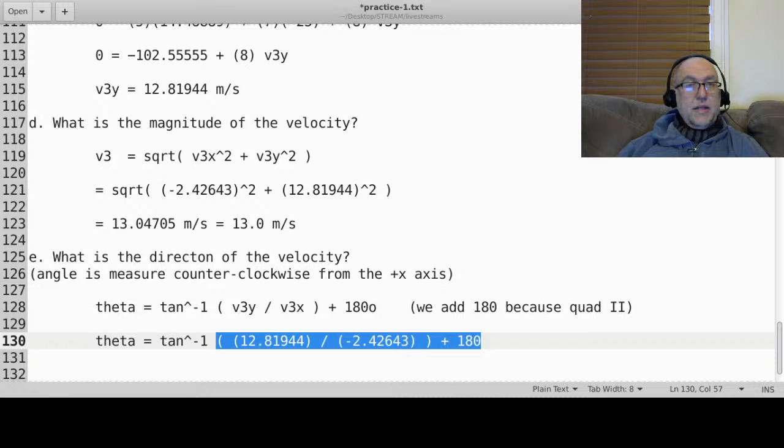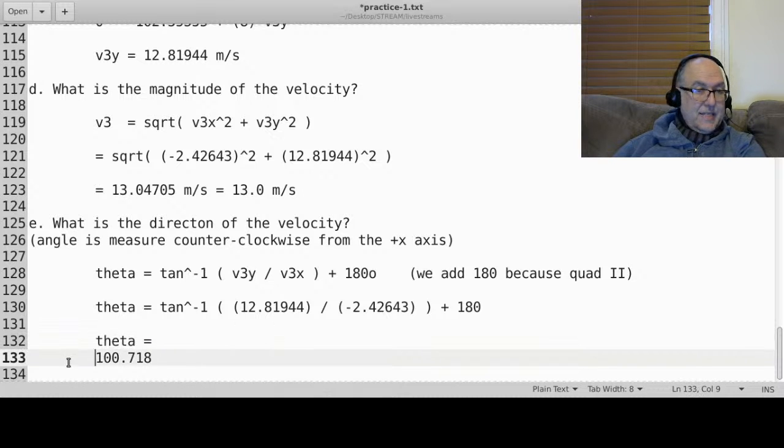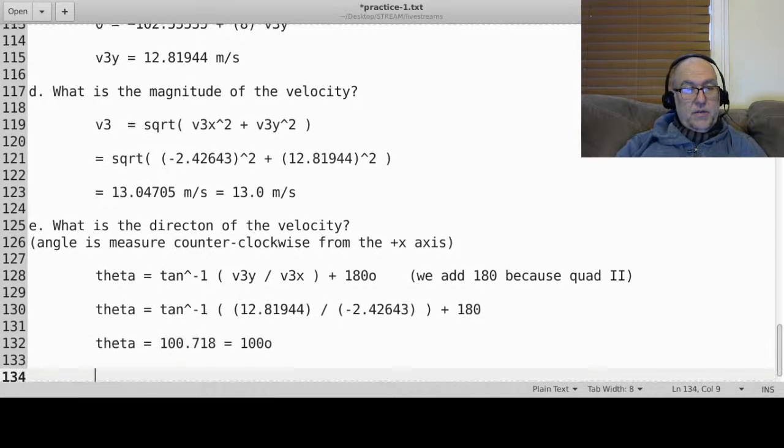I'll tell you what that is in just a second. It turns out to be 100 degrees, even closer to the 90 degrees, because I'd round that off to 100 degrees like that.